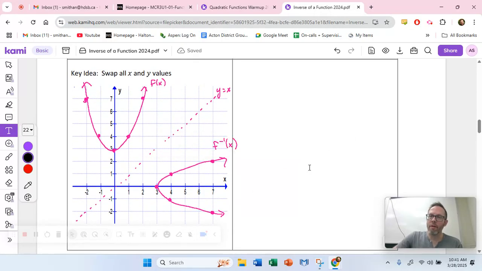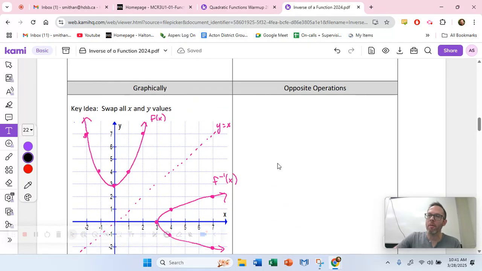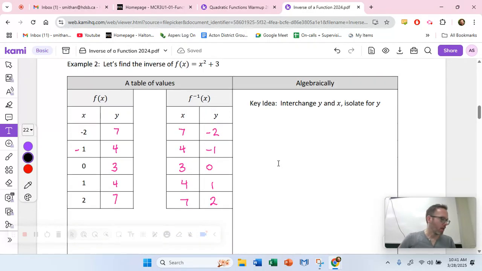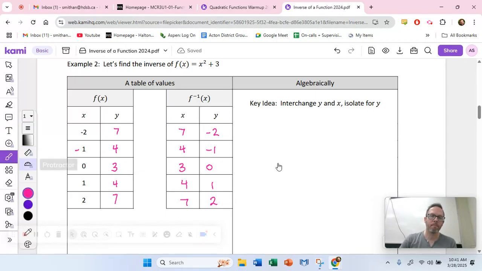What is the equation of this weird sideways parabola? How does that even come about? I'm going to show you. Let's dive in. Key idea: we're going to interchange x and y. So my 3U people, follow along. We're going to rewrite our function as y equals x squared plus 3.